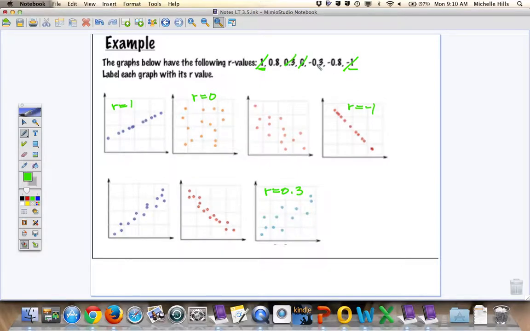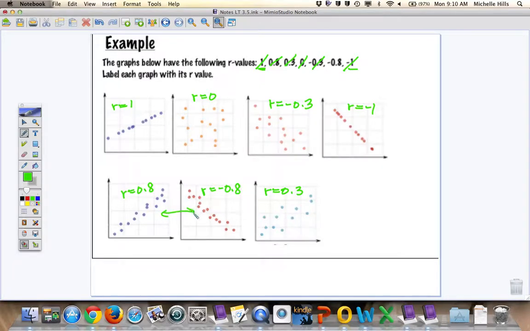Fairly scattered, but the line of fit is negative, so R equals negative 0.3. Again, a strong positive correlation, but not perfect. So strong positive, not perfect, R equals 0.8. Strong negative, but not perfect, R equals negative 0.8.